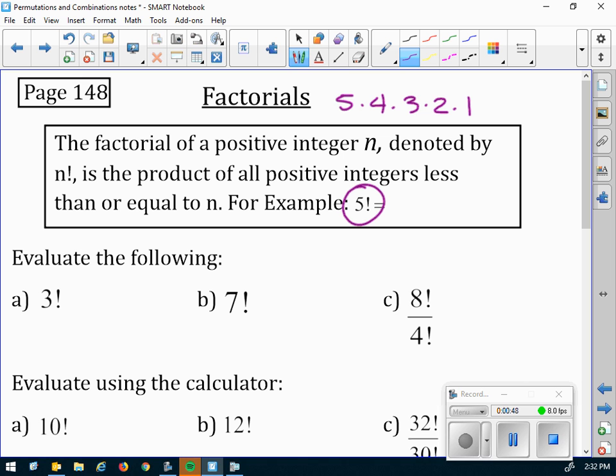That's what a factorial is. It means you take that number and you multiply it by every positive integer less than and equal to that. So 5 times 4 times 3 times 2 times 1 equals 120.